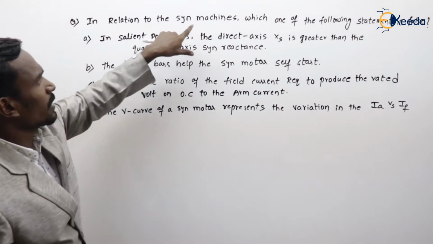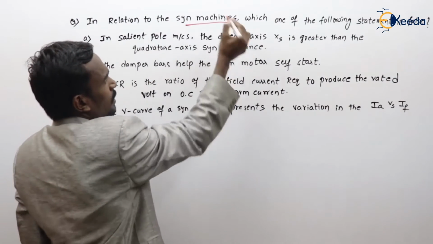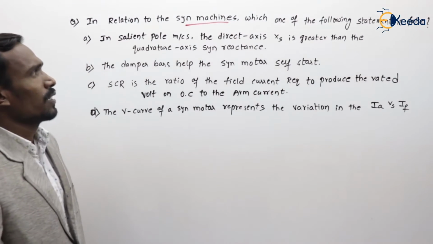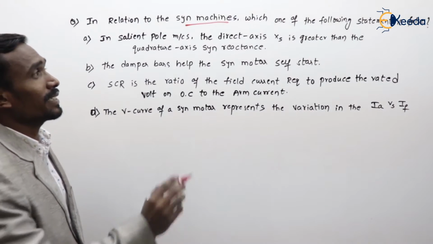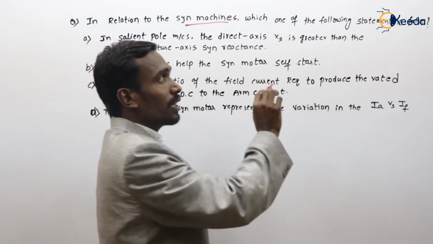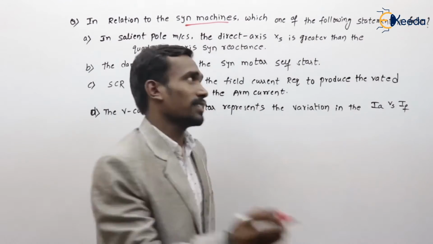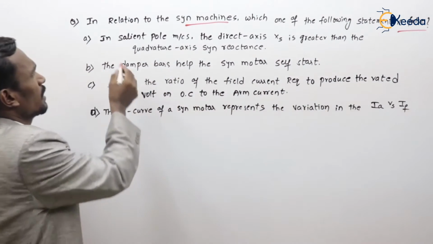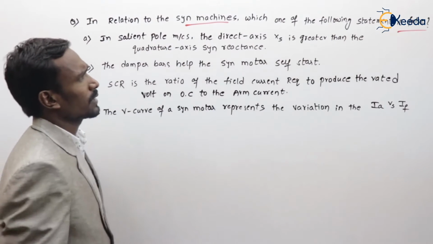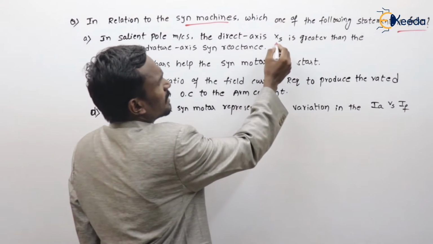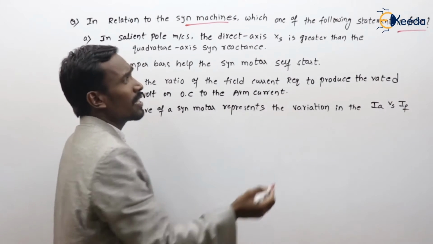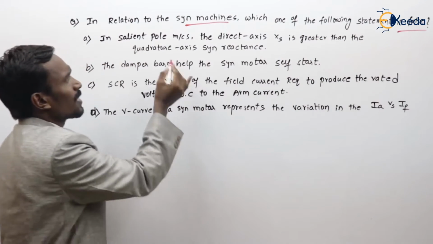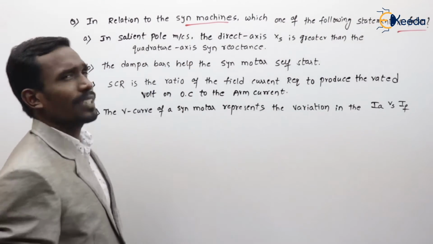In relation to the synchronous machine, which one of the following statements is false? Not true, sir, false. Let's see. In salient pole machine, the direct axis synchronous reactance is greater than the quadrature axis synchronous reactance.